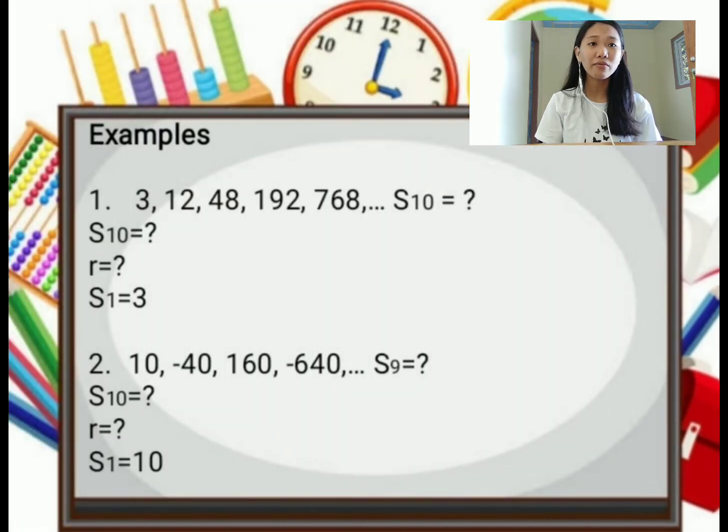Okay, so we have here two examples on how to solve for the last term of a given geometric series. We have two examples for you to understand how to solve it.